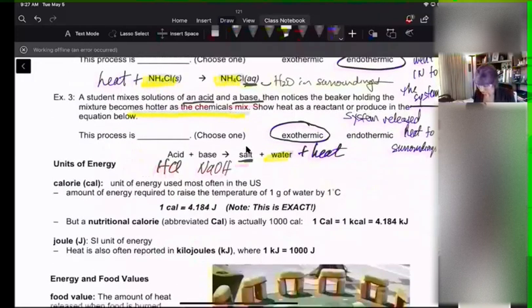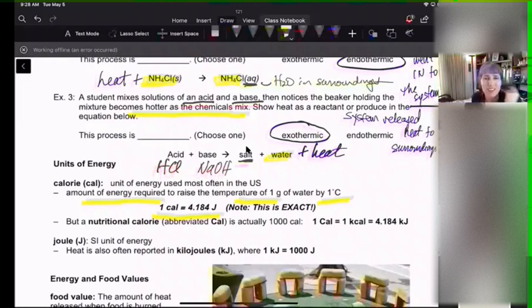All right. Now we have this little segment on energy units. So here's the calorie, where this is the amount of energy to raise the temperature of 1 gram of water by 1 degree C, and 1 gram is 1 cubic centimeter, it's a small amount, and this is 1 calorie, or 4.184 joules.